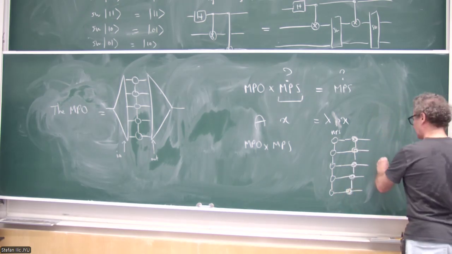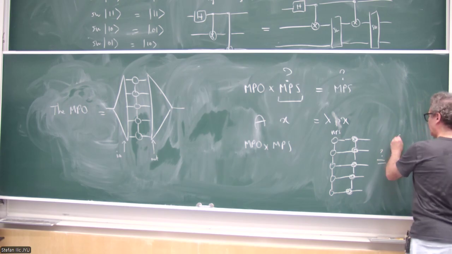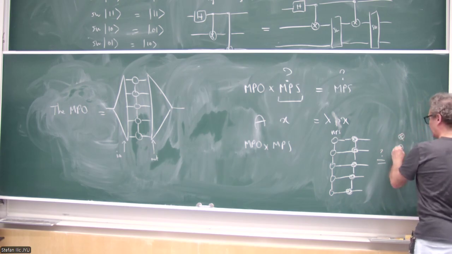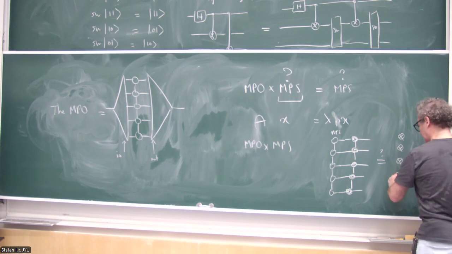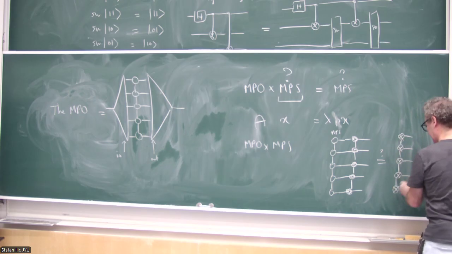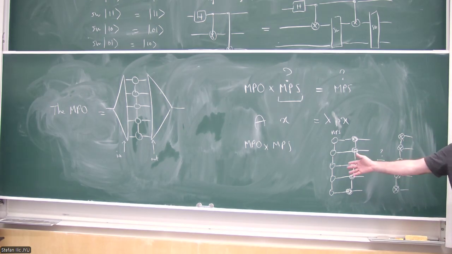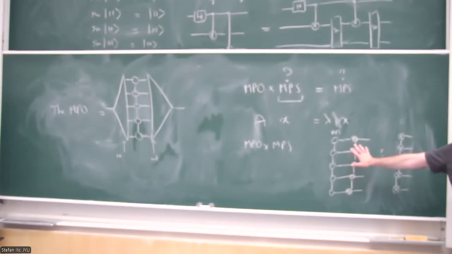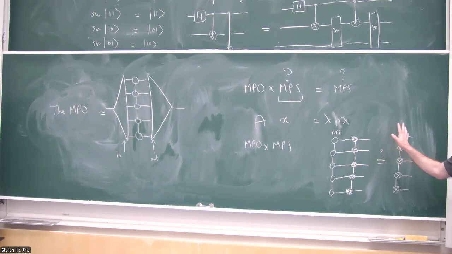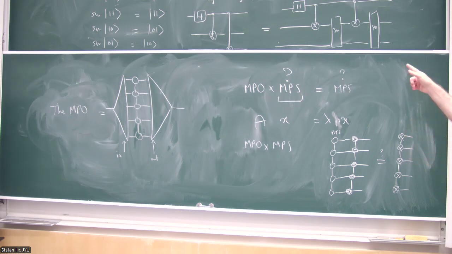And I want to find yet another MPS which is equal to that. If I can find an MPS which is equal to this tensor network, I have found an algorithm to do MPO MPS multiplication. We will do that, but before that, I need to actually find the MPO that does the gate.